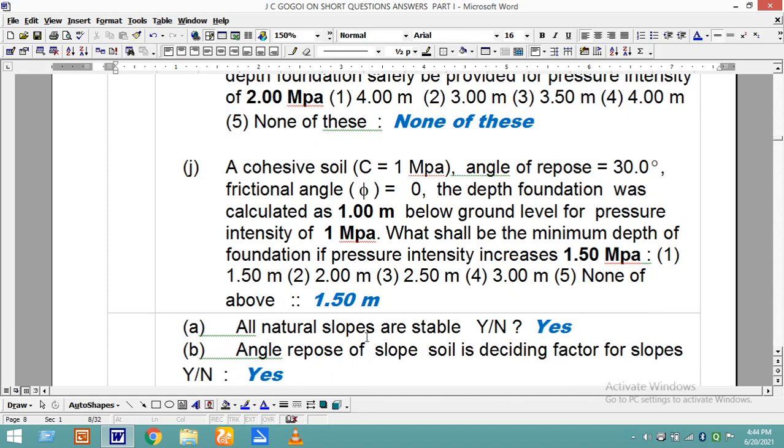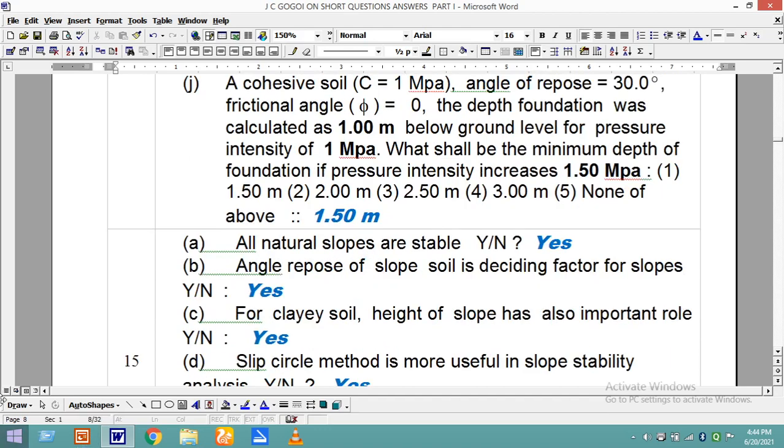All natural slopes are stable. Is it yes or no? It is yes, all natural slopes are stable. Angle of repose of slope soil is the deciding factor for slope. Yes or no? Yes, angle of repose is a deciding factor. For a clay soil, height of slope also has an important role. Yes or no? Yes.